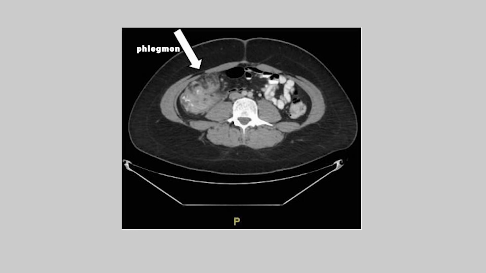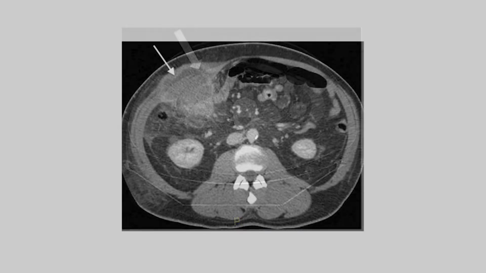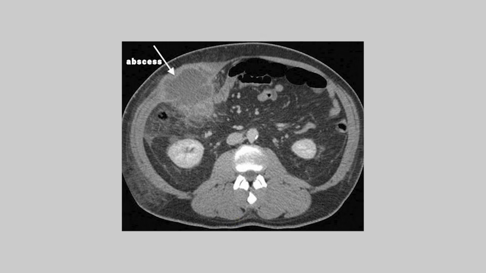In this abdominal and pelvic CT with IV and PO contrast, the patient was found to have a large amount of inflammation in the right lower quadrant with phlegmon, as well as marked inflammatory changes including the colon, appendix, and terminal ileum.